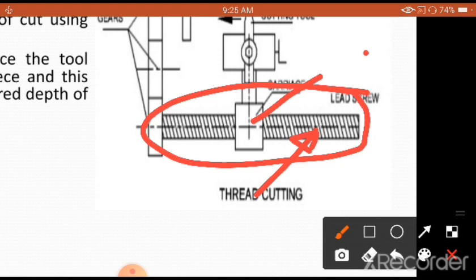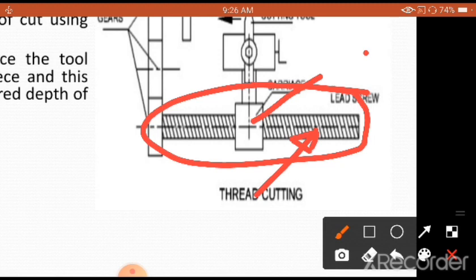Remember, whatever the lead screw pitch is, that is fixed for a given lathe machine. It may be 5 millimeters, it may be 6 millimeters, or it may be any millimeters. That depends upon the requirement, or even the size of the lathe machine, design, everything.